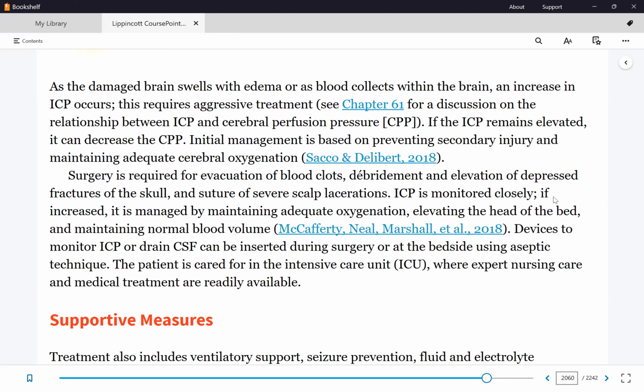We still have to intubate the patient. We give mannitol, the diuretic. Did I mention how to give mannitol? No, okay. So when you draw mannitol from the vial, it also comes in a glass vial.